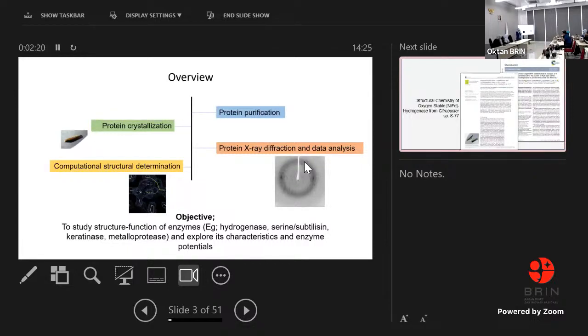I'm not sure how many of you are familiar with hydrogenase, but this is one of the enzymes that I'm working on. I started the hydrogenase studies during my PhD project, and now I continue with my students. I've also been working on serine protease, subtilisin, creatinase, and metalloprotease, and exploring their characteristics and enzyme potentials.